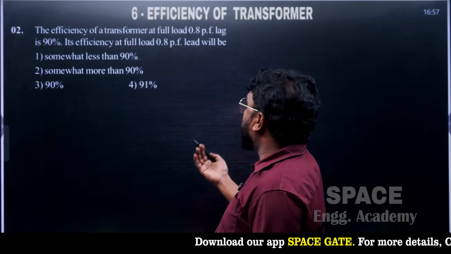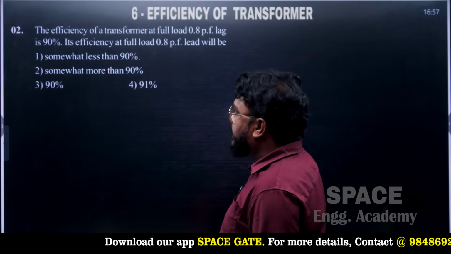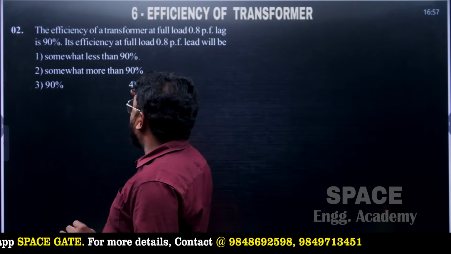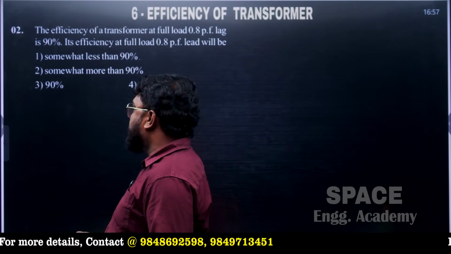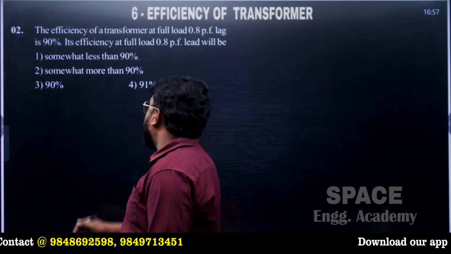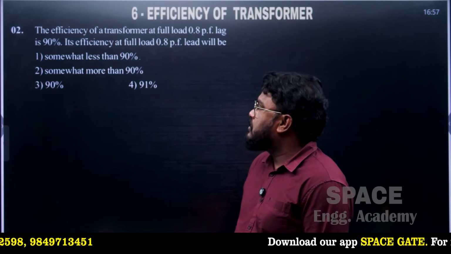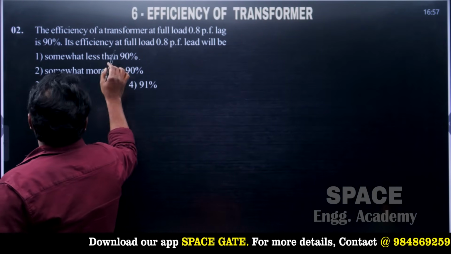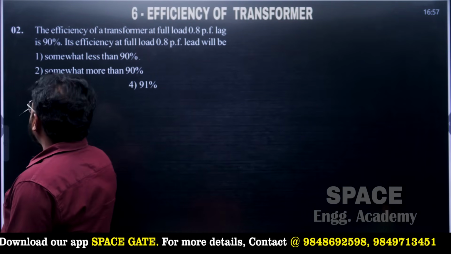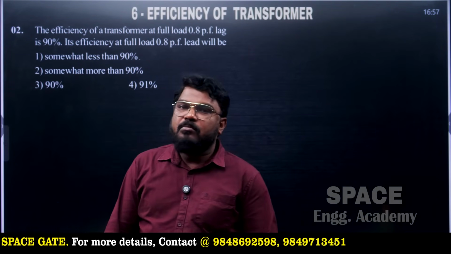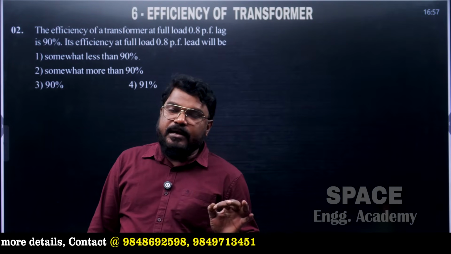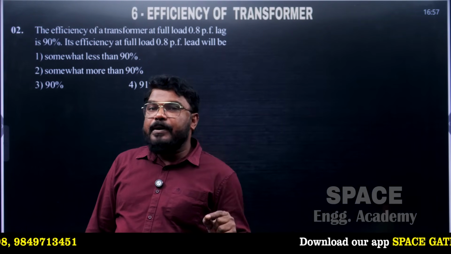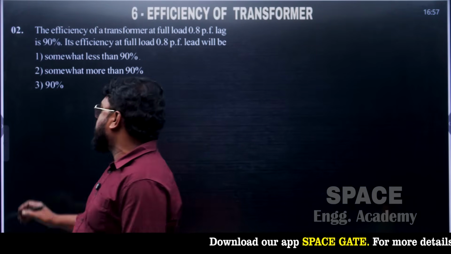Its efficiency at full load, 0.8 power factor lead, will be: option 1, somewhat less than 90%; option 2, somewhat more than 90%; option 3, 90%; option 4, 91%. Suppose the options were not given this way in the question, we could answer directly 90%, but that is not correct. Ideally, theoretically, the efficiency of the transformer doesn't depend on the nature of the load power factor.